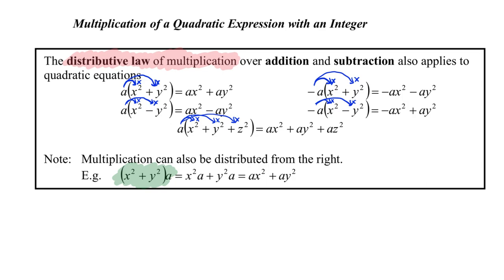Well, it works as well, meaning that I can also do this, or you can even see this as a times x squared plus y squared, and after which you can multiply in, and you will get the same answer.